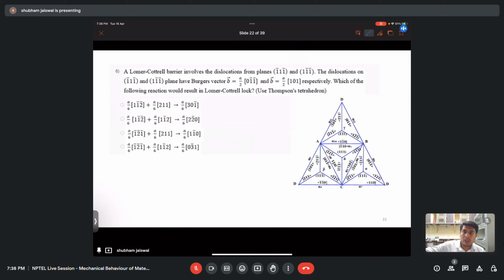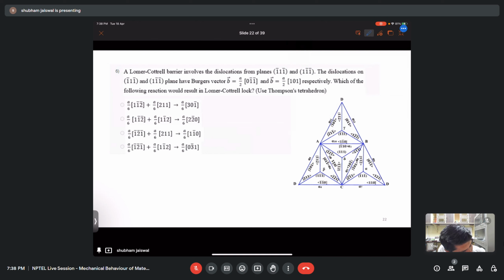First we'll find out whether all of these reactions are energetically favorable or not. This is how we can simply check which of the given options are favorable.